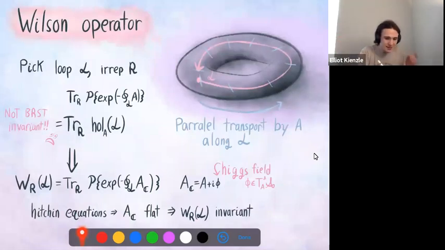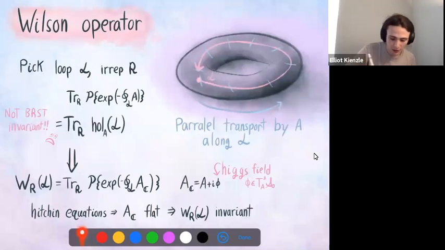The issue is, it's not actually BRST invariant. We have to do a little bit of work, and that work comes in the form of complexifying it. So we replace the connection A with the complexified connection, where we add to A, as an imaginary component, the Higgs field. And if you remember, the Higgs field was basically like a cotangent vector to the moduli space of connections.